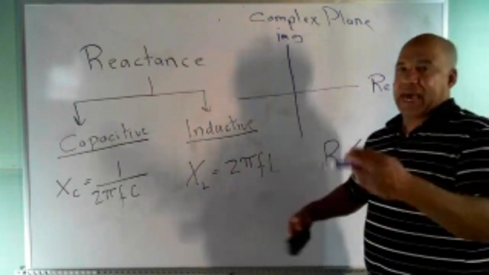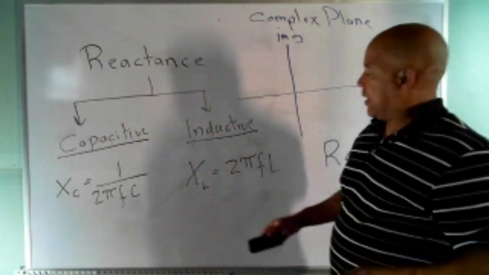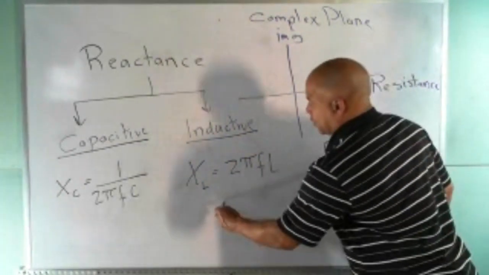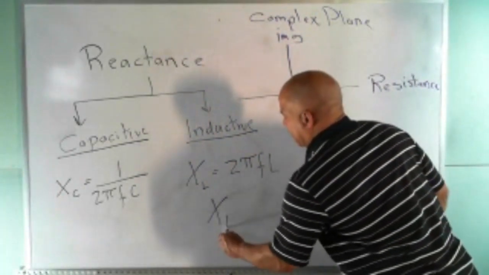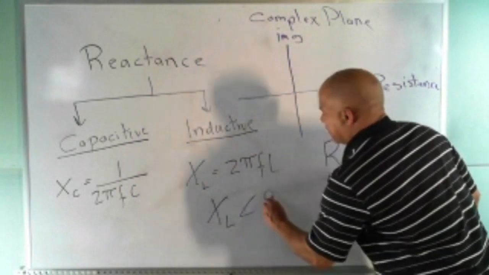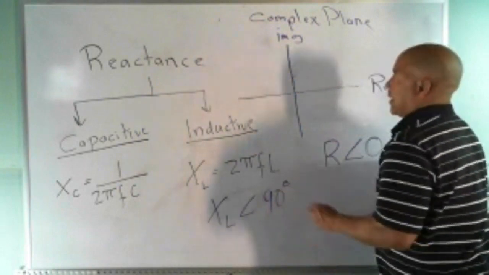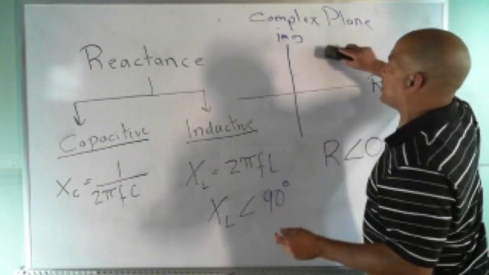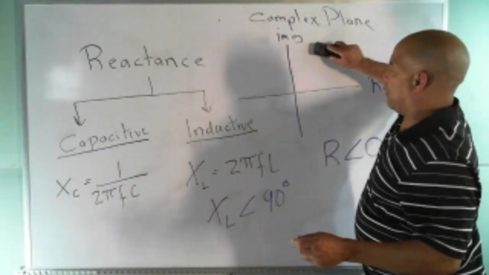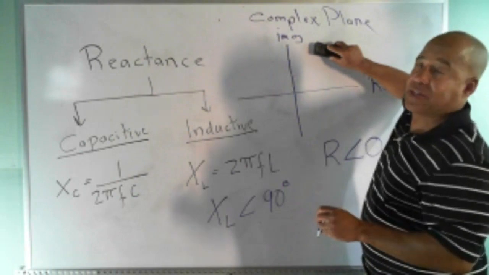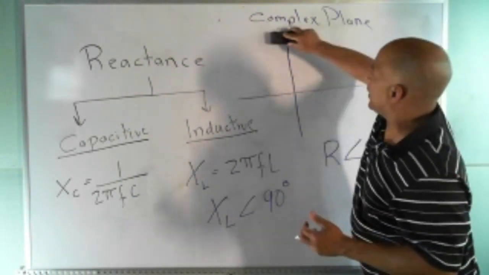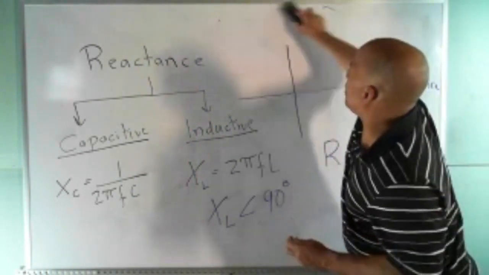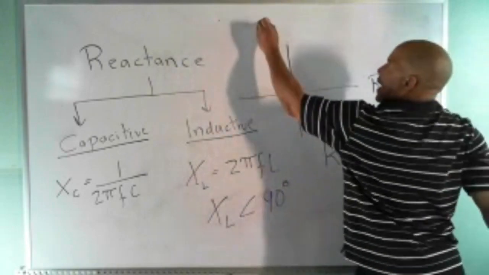And then I did some math and I showed you that XL actually has a phase associated with it of 90 degrees. And so any number from the portion up this way actually represents inductive reactance, which means it's an imaginary number. So I'm going to get rid of this, and we're going to call this vertical axis reactance.